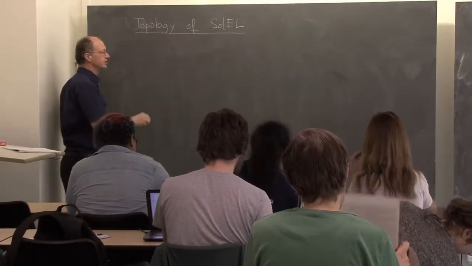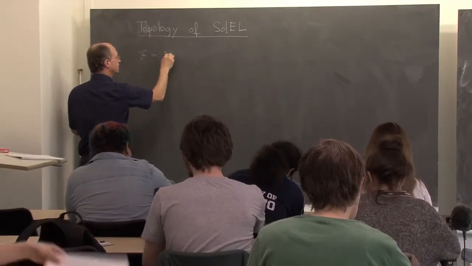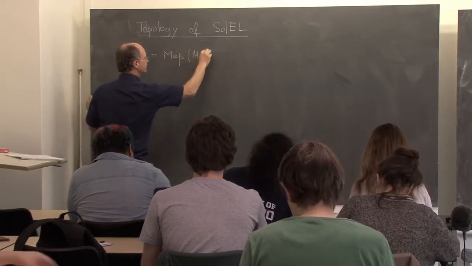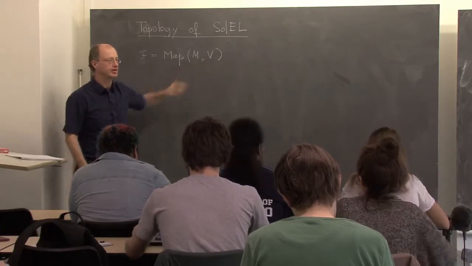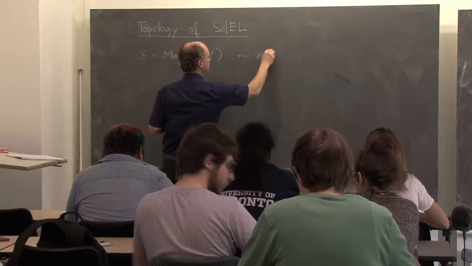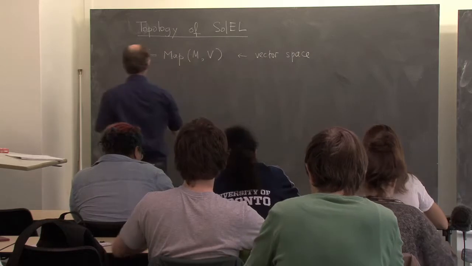So let me recall that up to now the situation was as follows. We had the space of fields, which was the space of maps from the space-time to a vector space. So as such, this was a vector space.